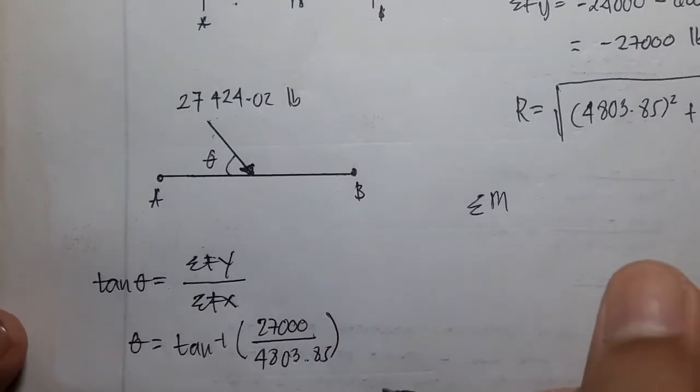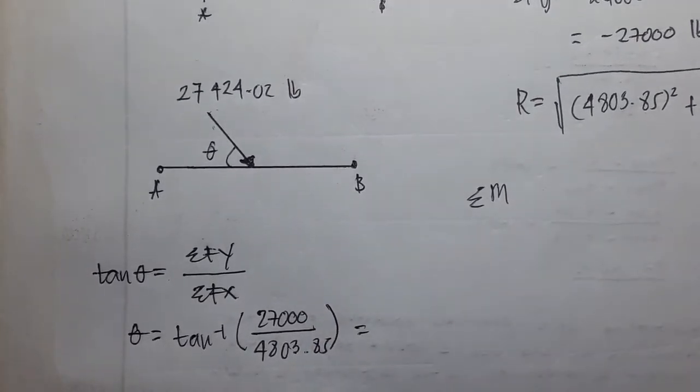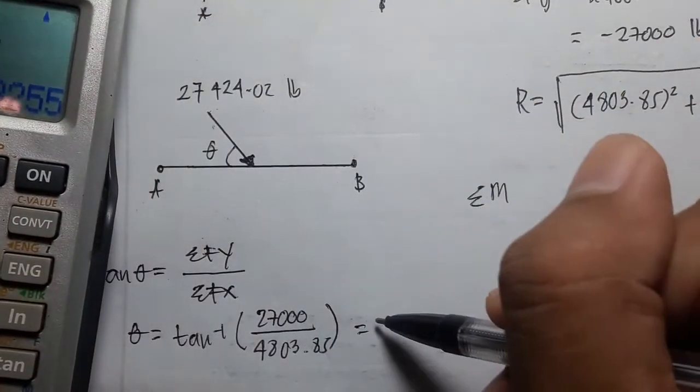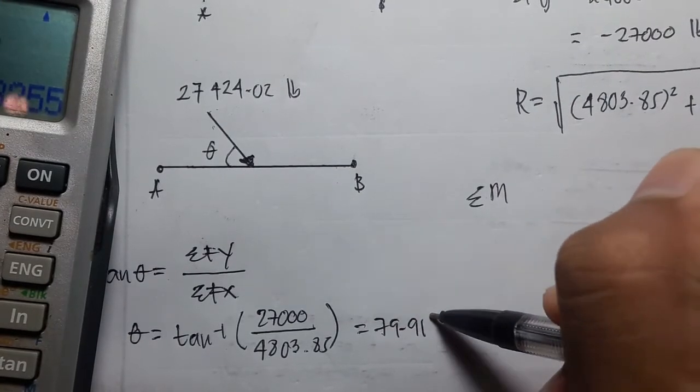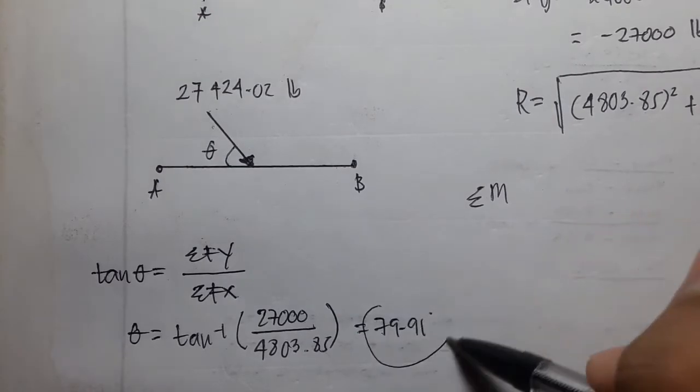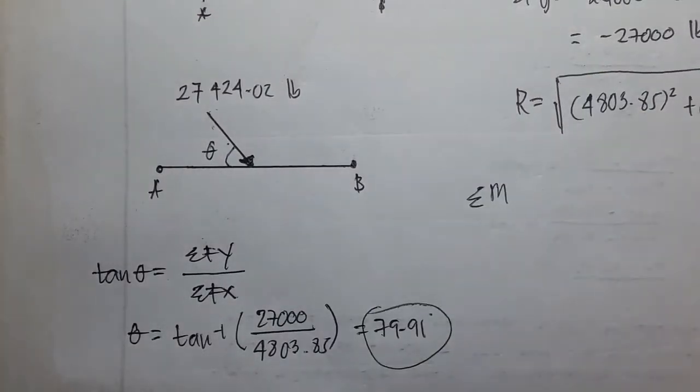So our angle is 79.91 degrees. This is our theta here.